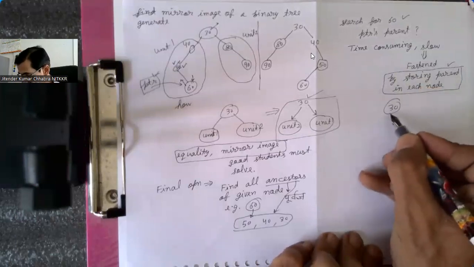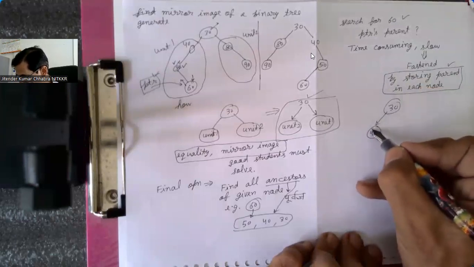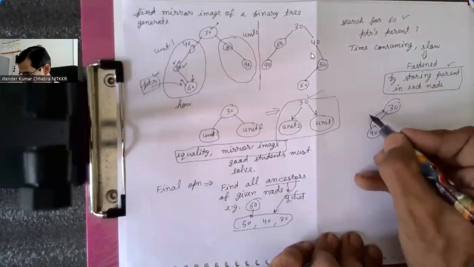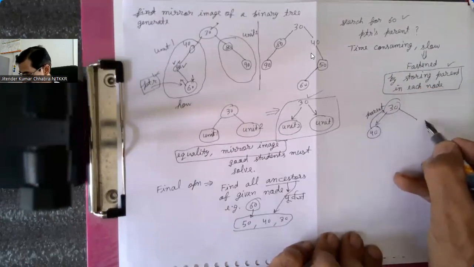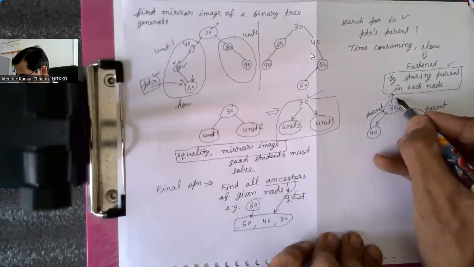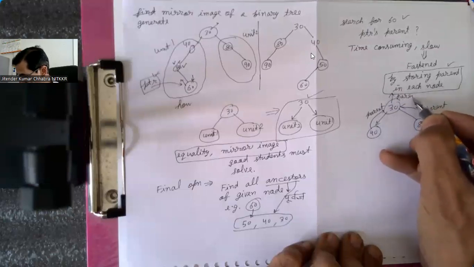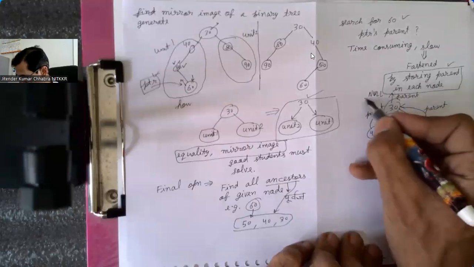Meaning, if I have created 30, when I created 40, I say 40's parent is 30. This link is also stored. You added 80 this side. I will say 80's parent is 30. 30's parent will be null because it is the root. So the root's parent will obviously be null.